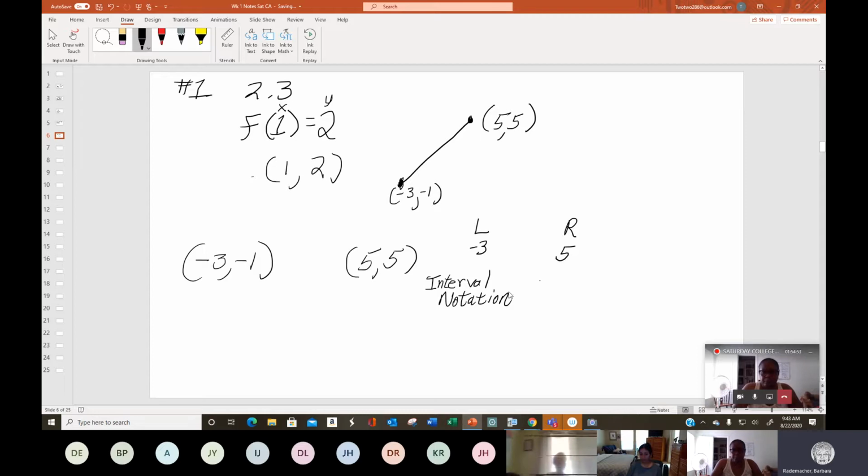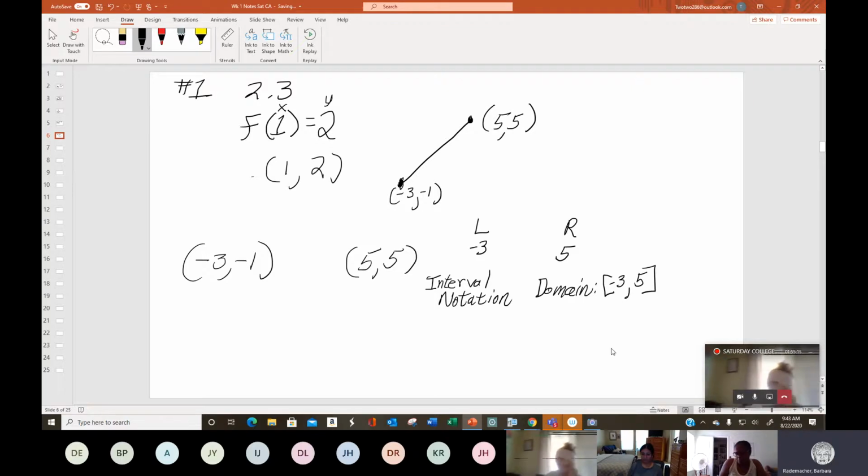For the domain, because I have an infinite number of points that are infinitely close together, I would put a bracket and a -3 on the left, and a 5 and a bracket on the right. And that would be if what I was looking at was this.